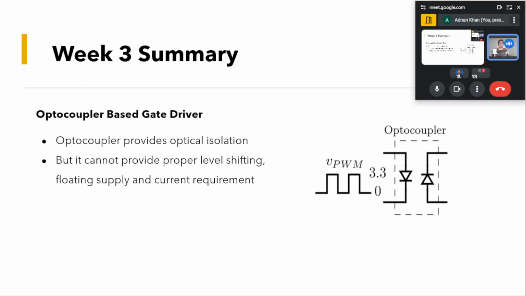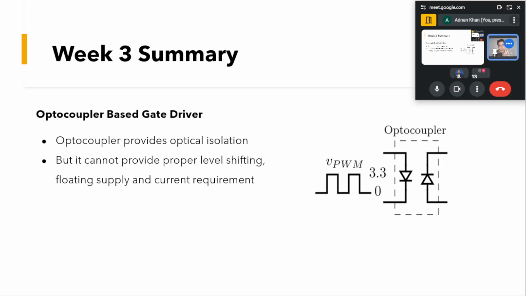What we have here are two diodes, one is a light emitting diode. As soon as we give the pulse on one side, this LED will emit some light, and that will cause the other diode to turn on. But there is optical isolation from one side to another.